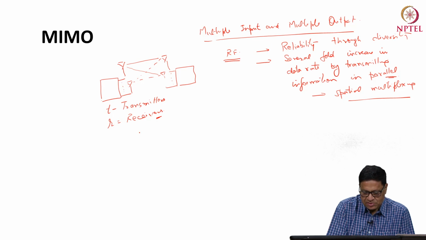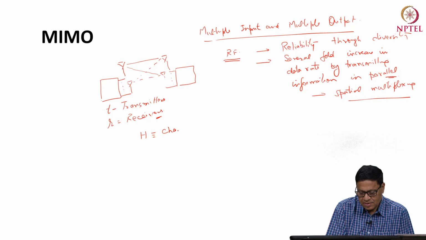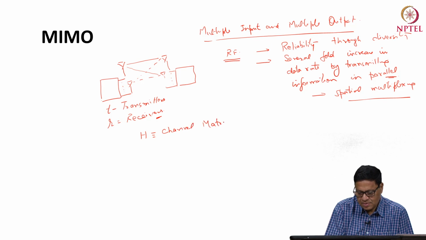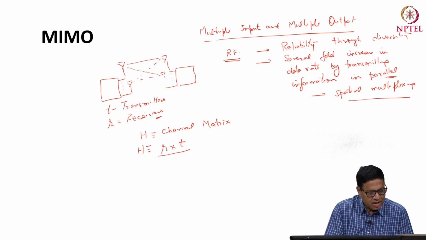So the channel matrix which is formed is actually R cross T. And so H is R cross T, the dimensions here, and the noise is also getting added.